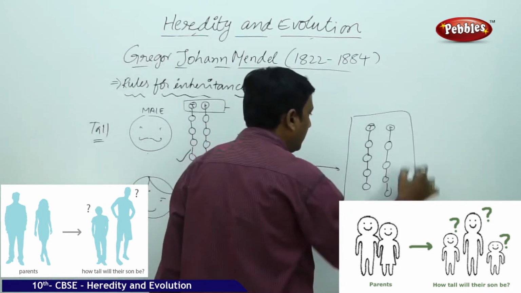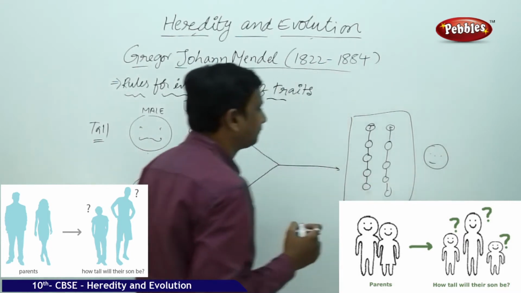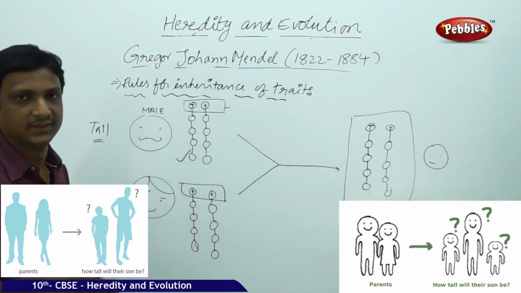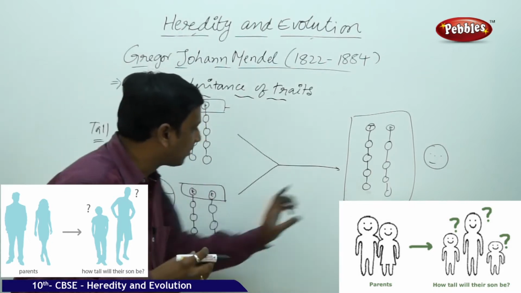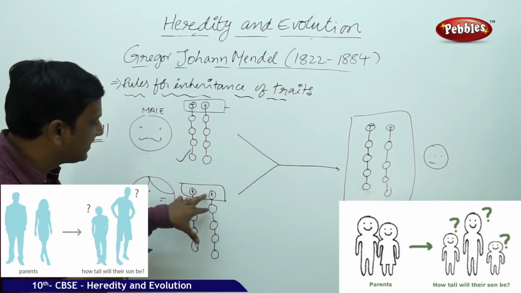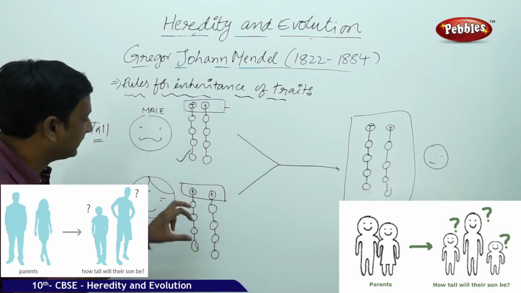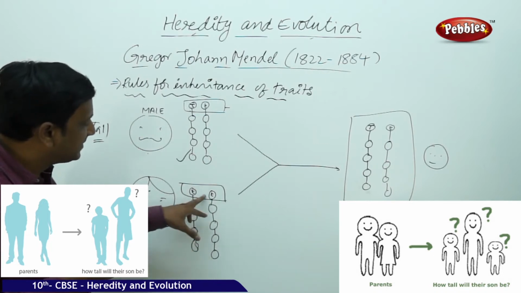So here the boy, how will he be, tall or short? He has got a set of genes, and in that set one gene determines the height. What he acquired from the mother, the gene determining the height is short.